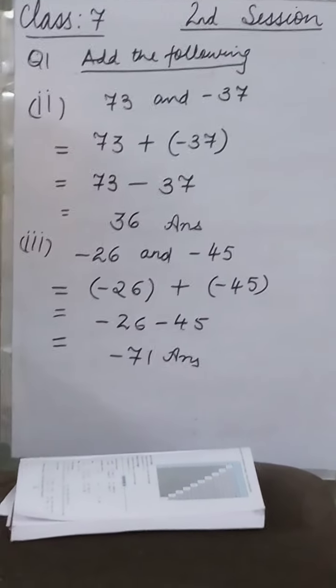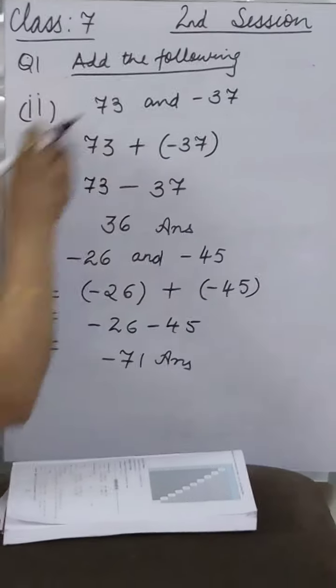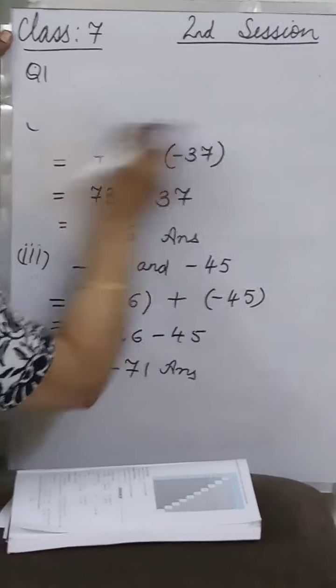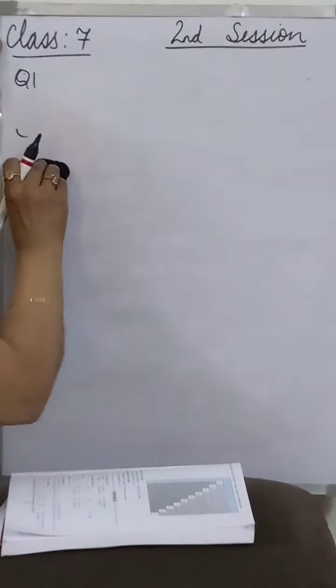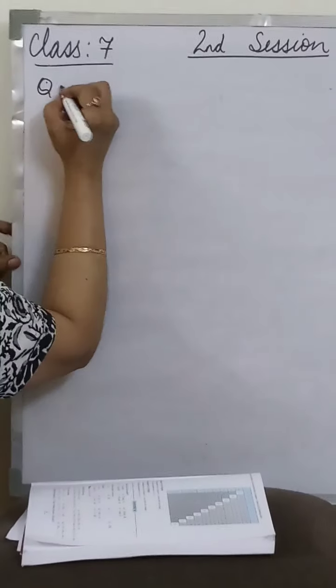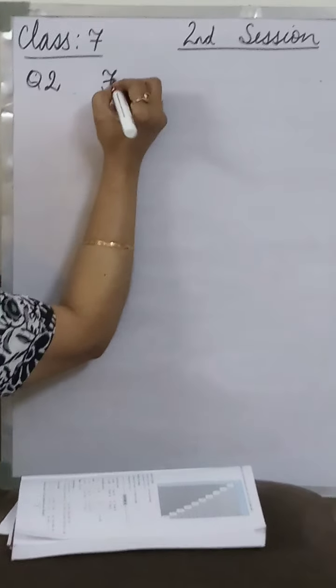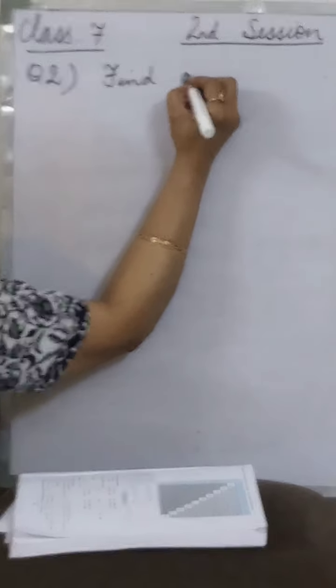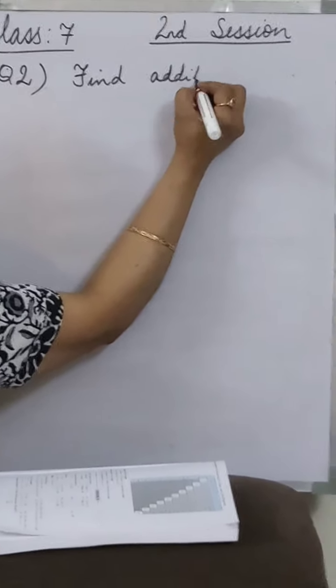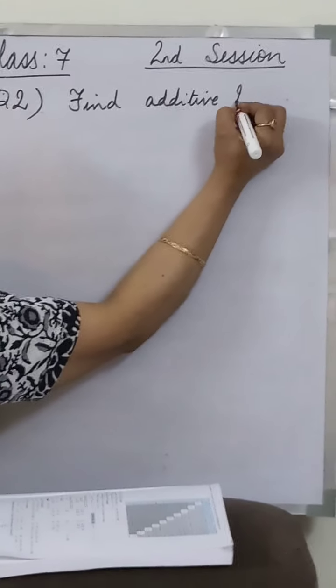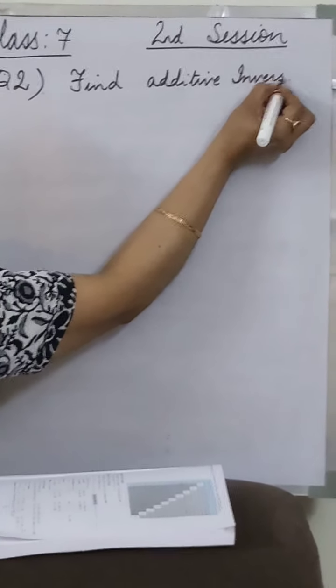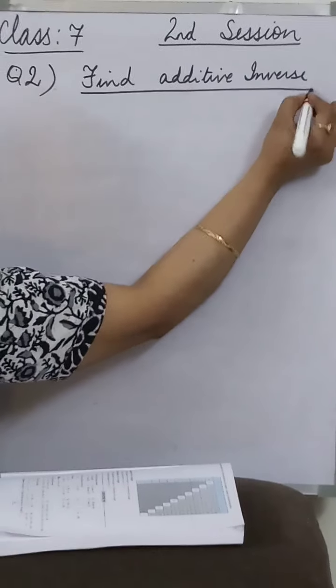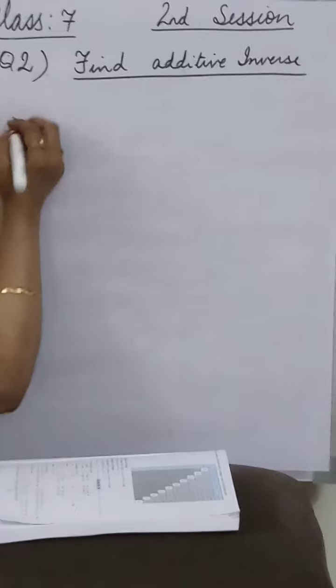Question number 2, they are saying find the additive inverse. I told you previously, additive inverse means we write the same number with the opposite sign.